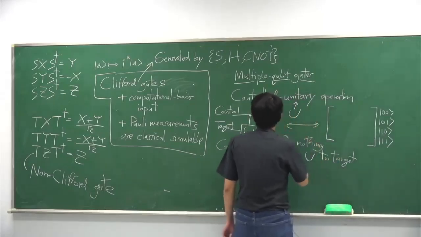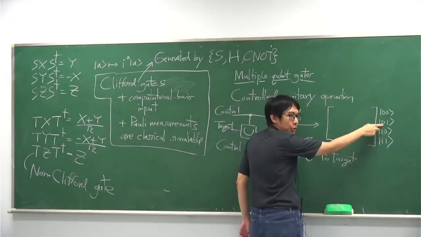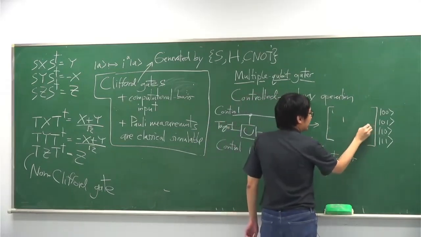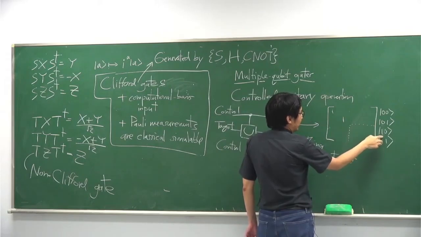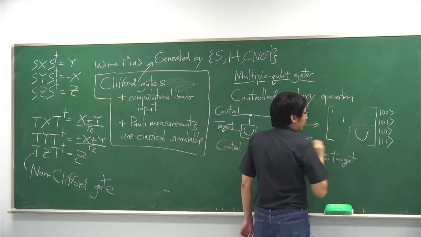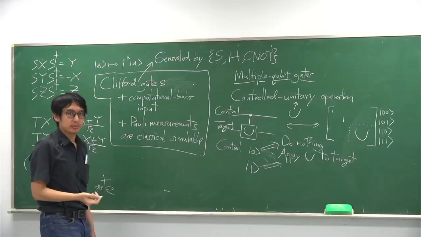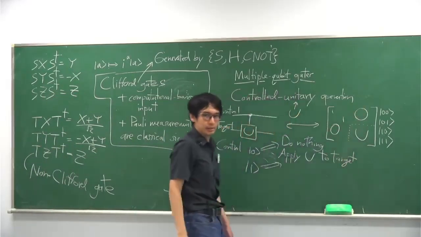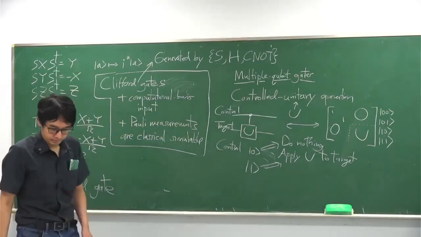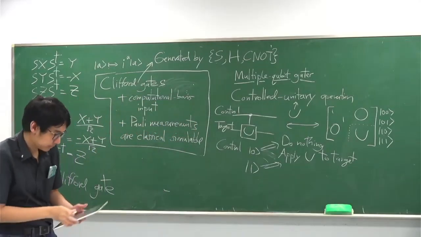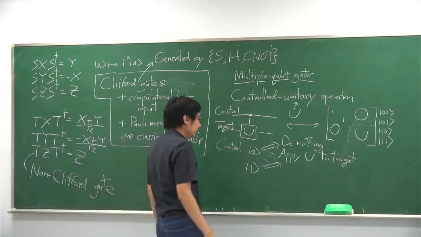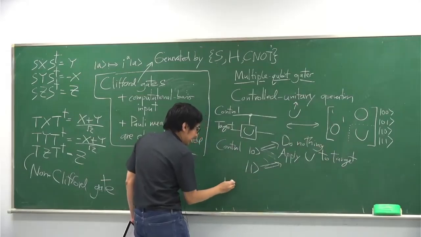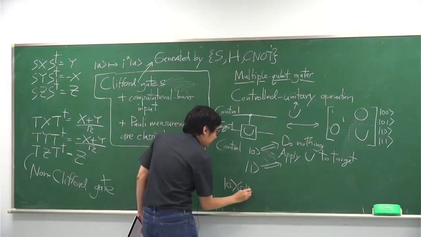So when the control is 0, I do nothing, so obviously this is the identity in this part. In this block, when the control qubit is 1, I apply a single qubit gate U. And over here, all the other matrix elements are 0. The way that you would write this in Dirac notation, and you can try to see why this is true, is this.